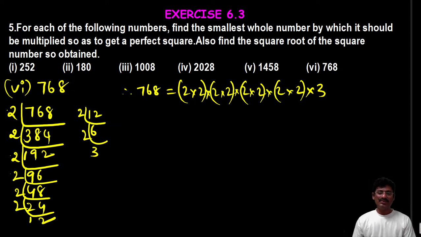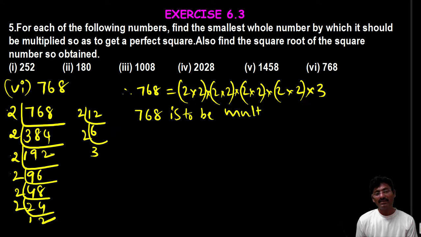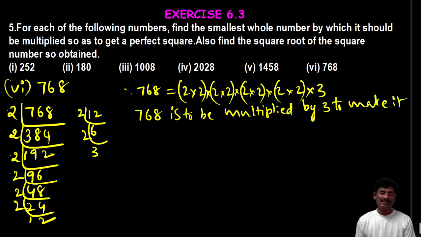So if you multiply this number by 3, then this 3 will be paired and it will be a perfect square. So 768 is to be multiplied by 3 to make it a perfect square.